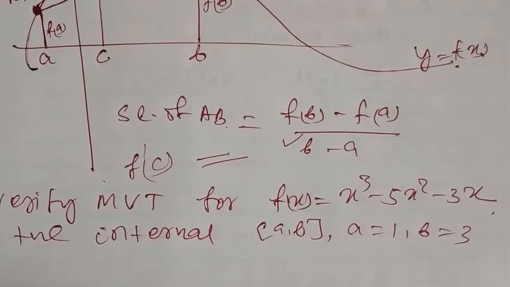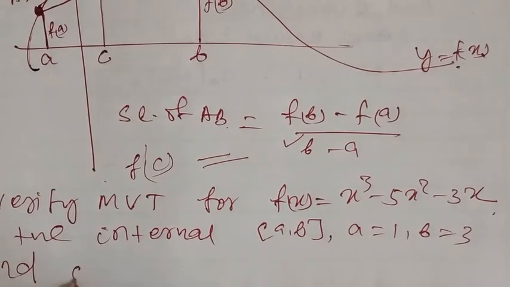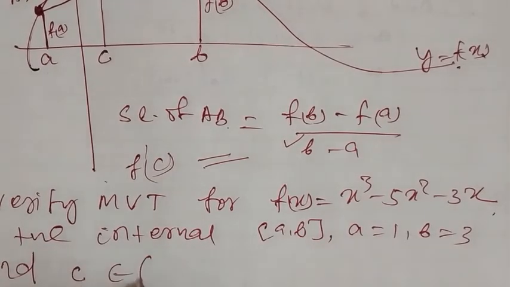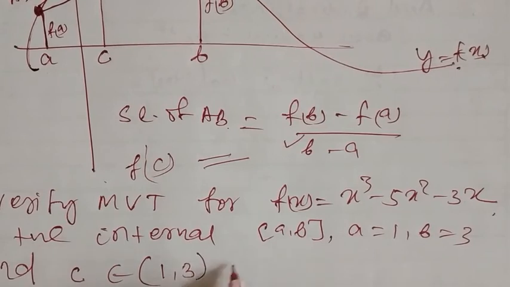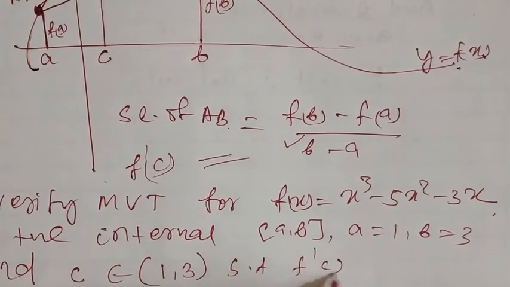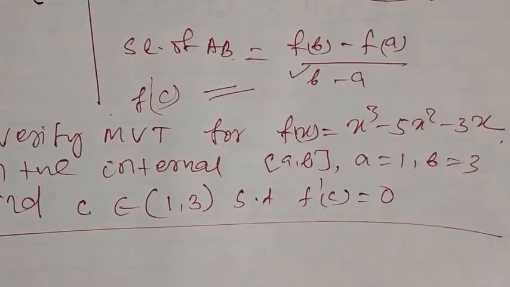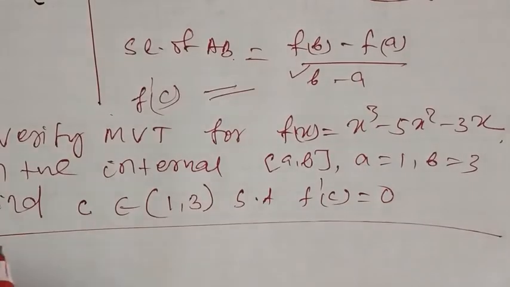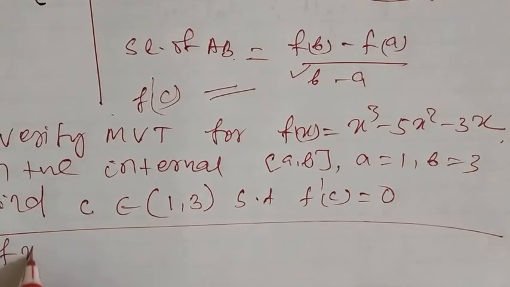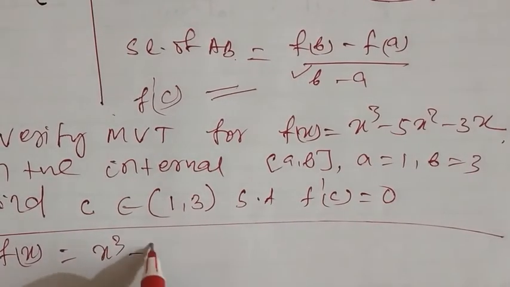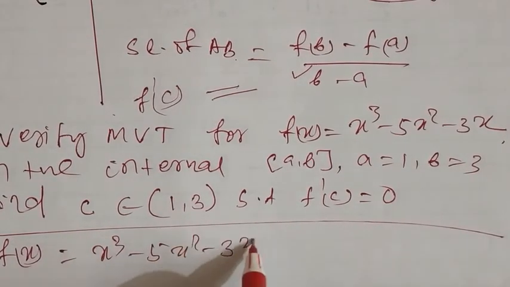And also find C belonging to open interval 1, 3 such that f dash c equal to 0. Let us do this question. Now mark here. We will verify the mean value theorem for the function fx is x cube minus 5x square minus 3x.